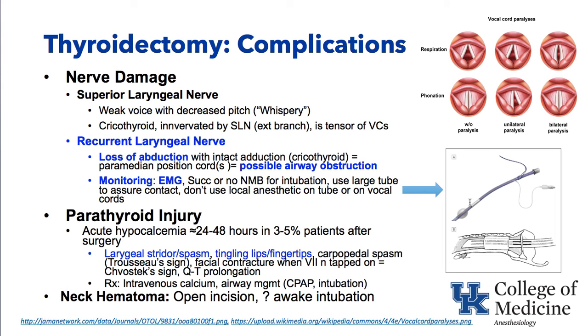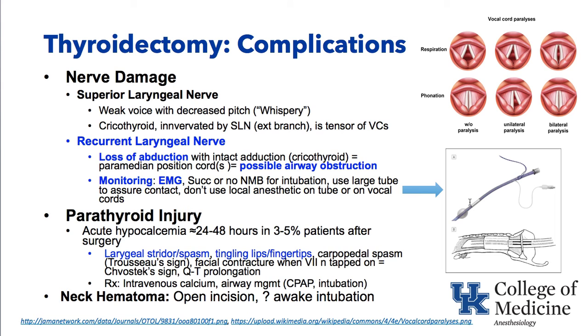That is, they're in a midline position, in a paramedian position with possible airway obstruction, and it's really bad if they are just injured bilaterally rather than transected bilaterally. If they're transected bilaterally, they will sit flapping in a paramedian position usually, but if they're injured bilaterally, they may be adducted together and totally obstruct the airway at the end of an operation and may require a tracheostomy.